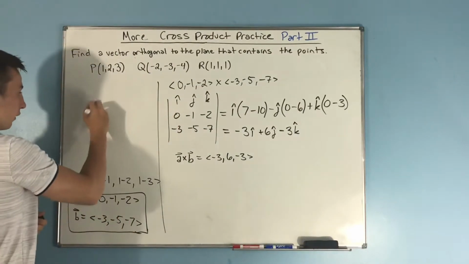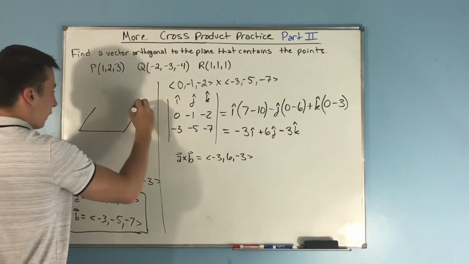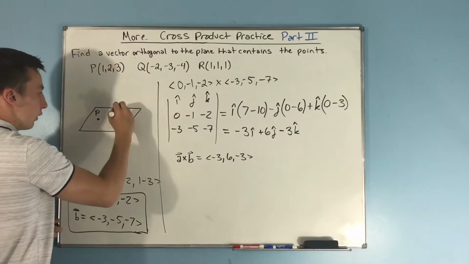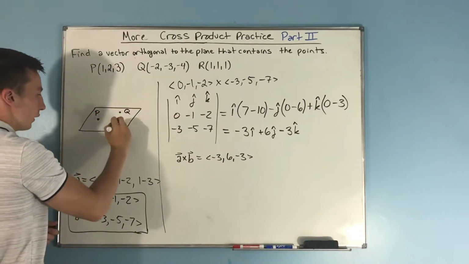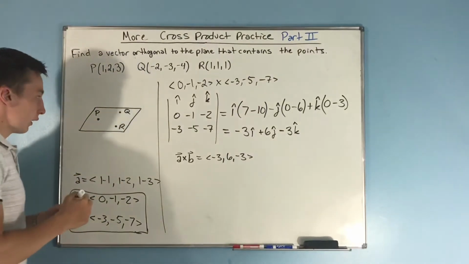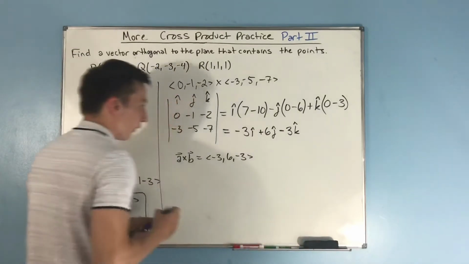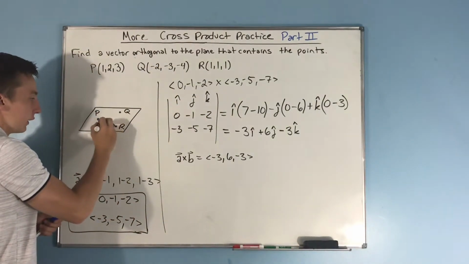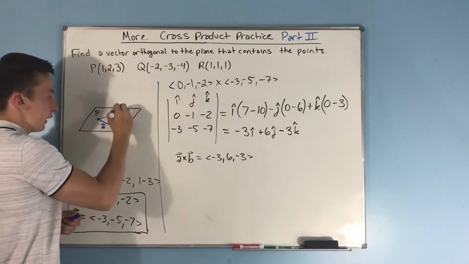Let's draw this here. So we have a plane that contains the points P, Q, and R. And let's say that we again have the same exact vectors we've been finding. This is A, and this is B.